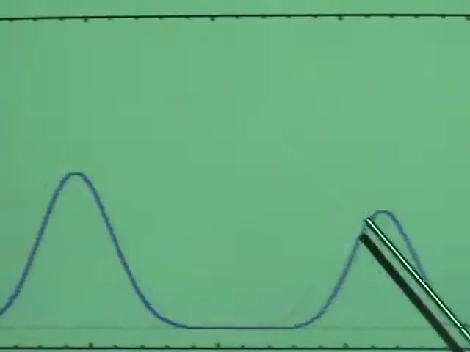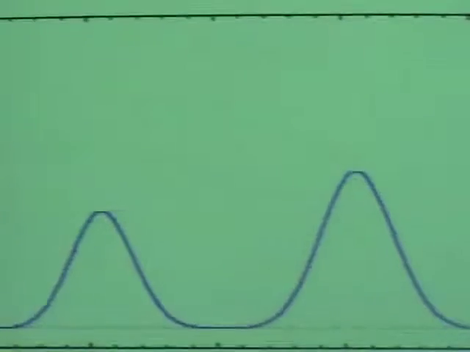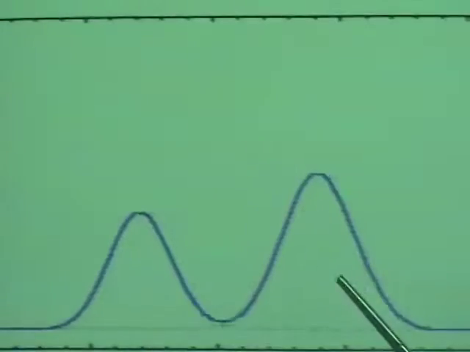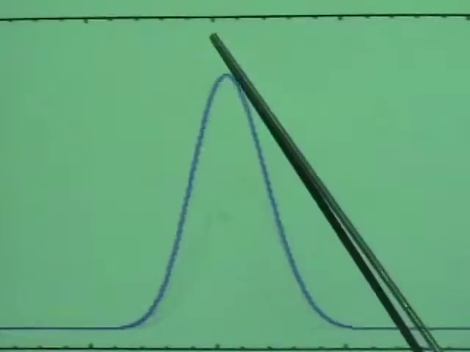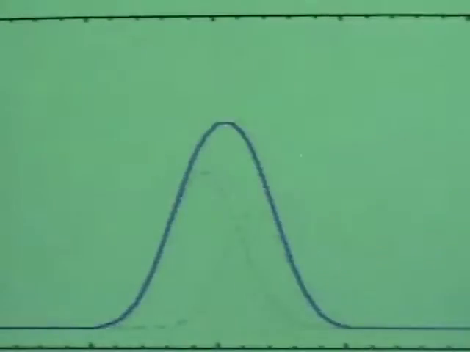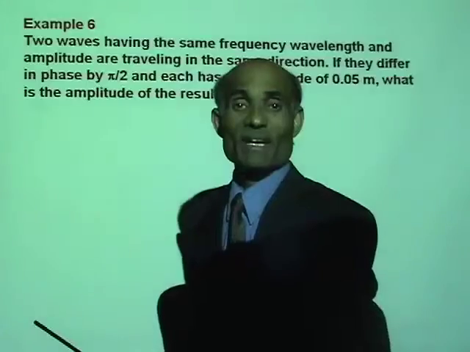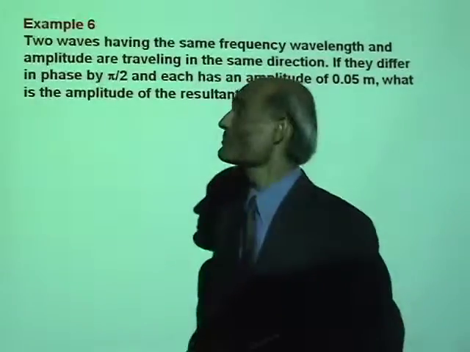Each time you have the resultant amplitude. So a wave advancing from the right and a wave advancing from the left interfere, producing a larger wave at the center. Let's now do a couple of problems.